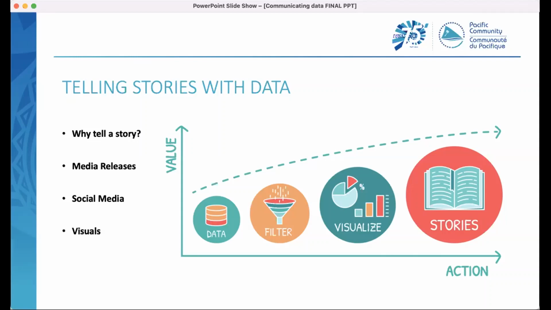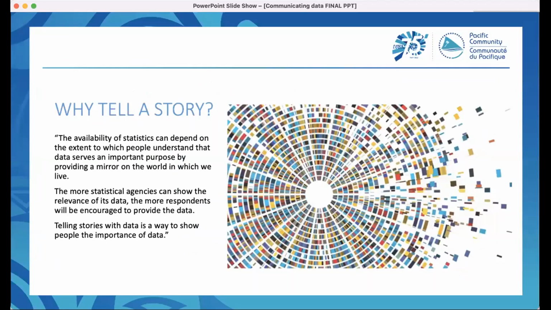First, though, why tell a story? Phil has touched on this, but there are many reasons, of course, why you would want to tell a story with data. One interesting argument in favor of telling stories with data, which comes from the UN ECE Making Data Meaningful series, is that the availability of data can depend on the extent to which people understand that data serves an important purpose by providing a mirror on the world in which we live.